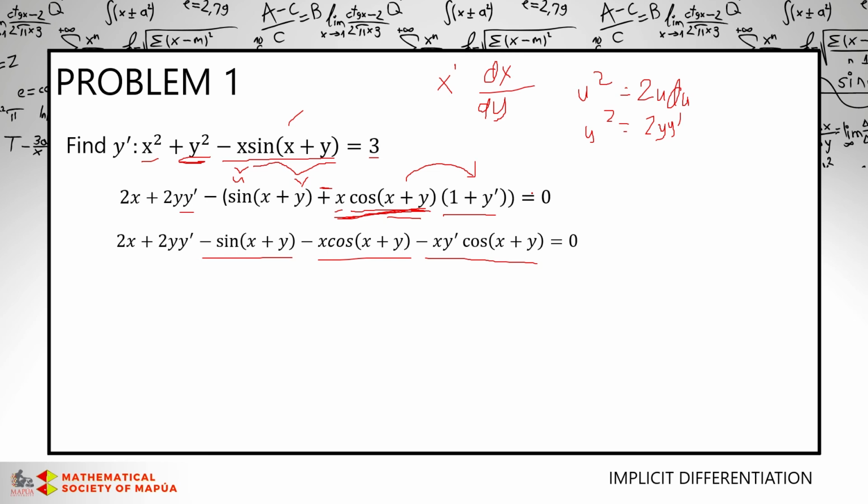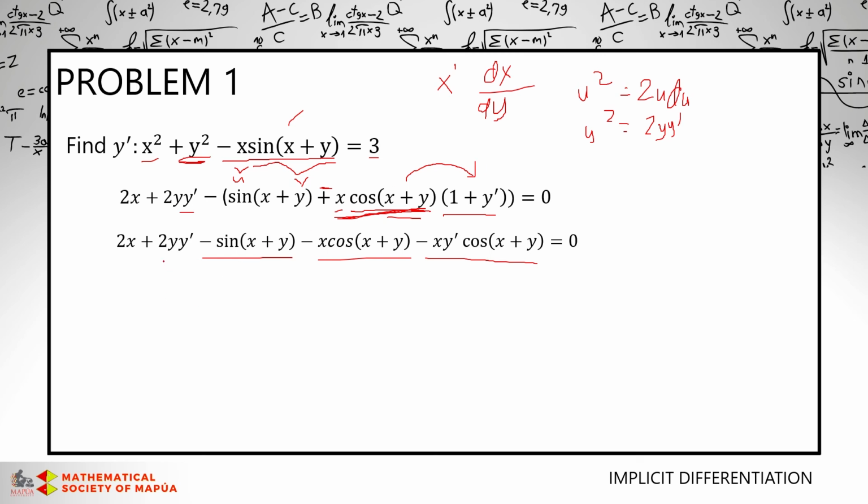for me, kahit yung mga fractions, ayan, tanggalin nyo na yung mga fractions. So, once na simplify natin siya in that form, the next thing to do is i-isolate nyo lahat ng may y prime. So, lahat ng terms na may y prime, lagay nyo sa isang side versus lahat ng terms na walang y prime, lagay nyo sa kabilang side.